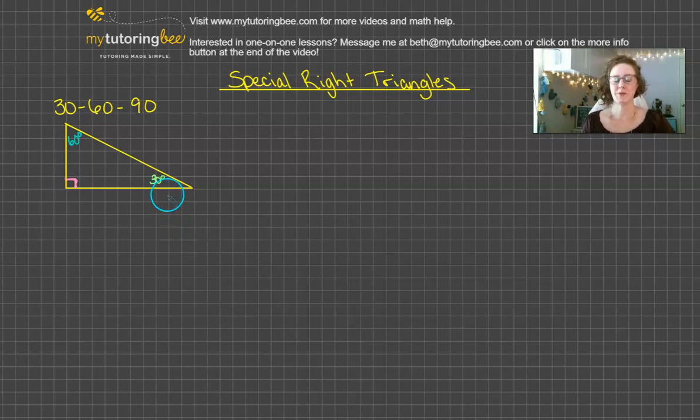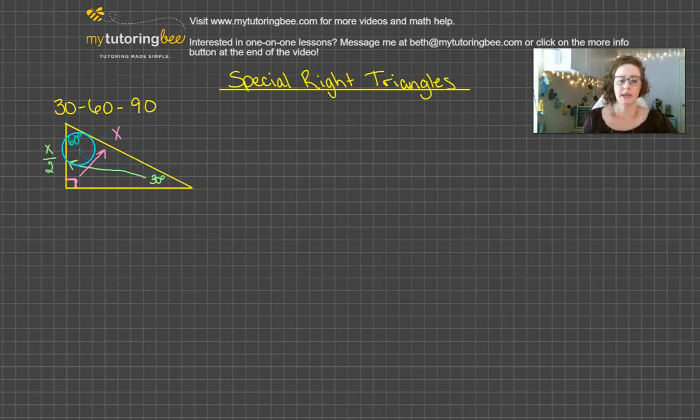So what we're going to try to prove today is that the hypotenuse, or the side that is opposite of the 90-degree angle, if that hypotenuse is length x, then that means that the shorter side, or the side that's opposite of the 30-degree angle, is going to be x over 2, or in other words, half the length of whatever the hypotenuse is.